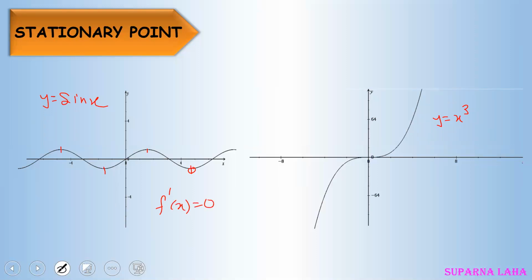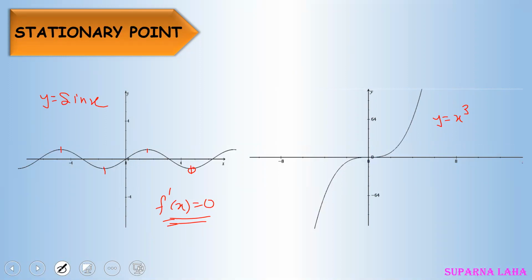So for this curve, for every f dash x is 0, we can find the maximum or minimum value by the graph only. Take any normal continuous graph, and then check whether f dash x is 0 or not. And if we find the maximum or minimum value, then we call it a turning point.